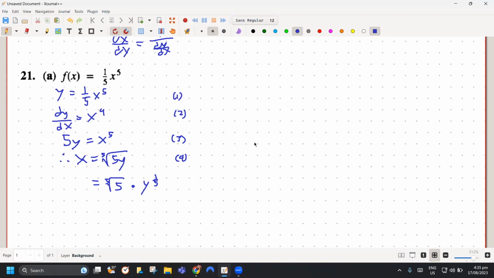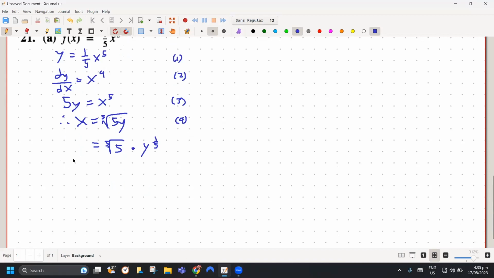So x equals fifth root of 5 times y to the 1/5, dx/dy is... Ako sanay magsulat ng dy sa baba eh, yung dx sa taas. Okay, so fifth root of 5 and then 1/5 y to the 4/5.